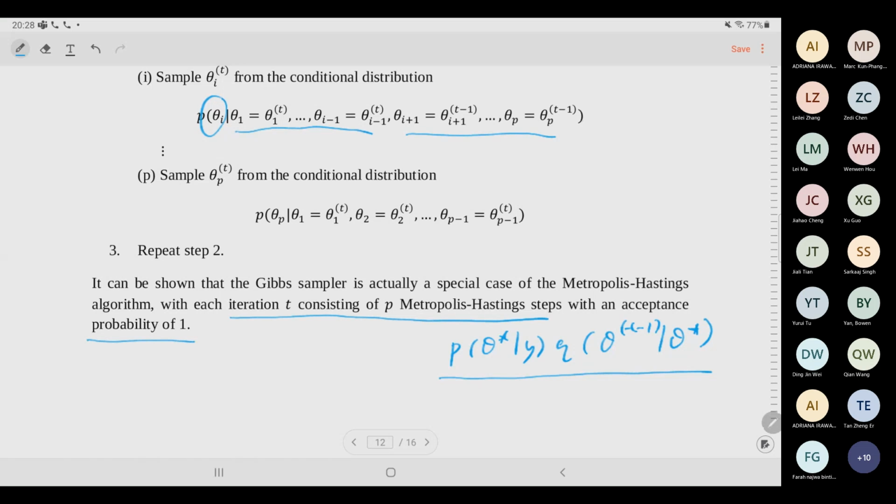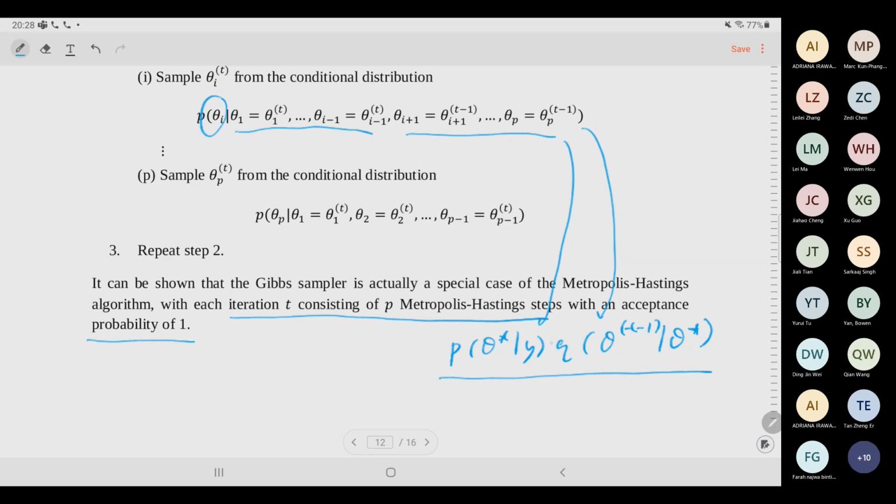If you put this in here, your posterior is also this conditional multiplied by the rest.